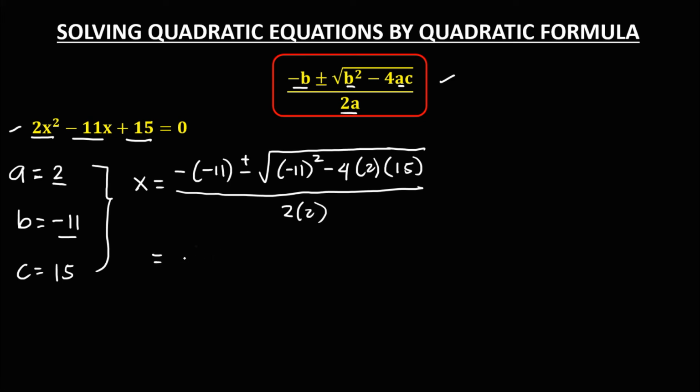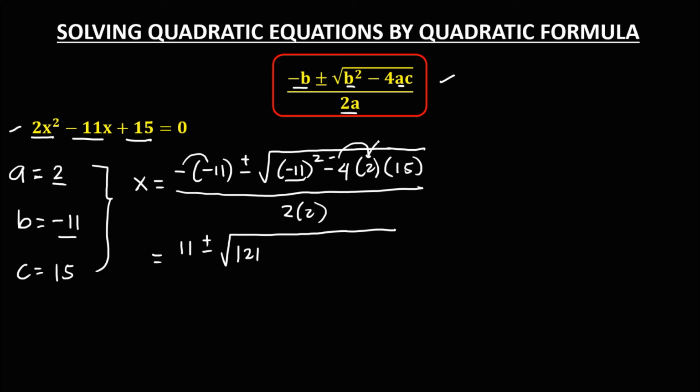Then simplify. Negative and negative, that's positive 11, then plus minus the square root. This negative 11 squared, negative times negative, that's positive, so positive 121. Then negative 4 times 2, that's negative 8.